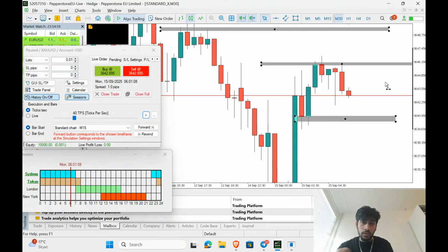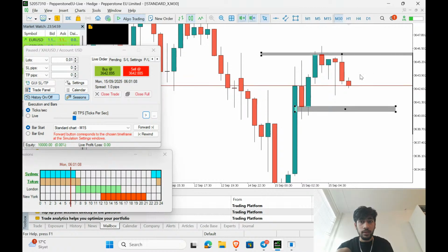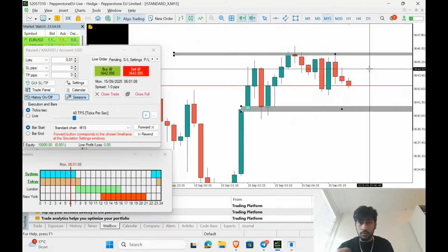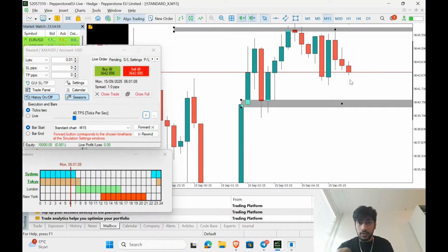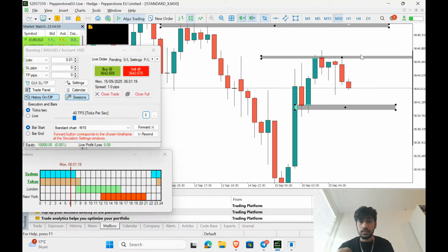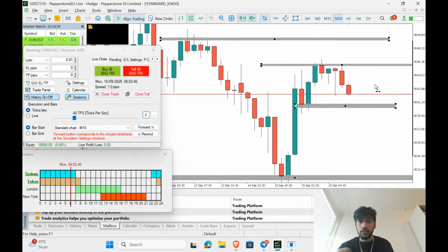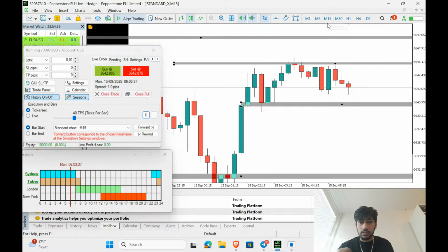So on the 15-minute time frame, if it created support and broke below it, then we can take the trade. But in this case, no, we've got nothing to do. We just wait.